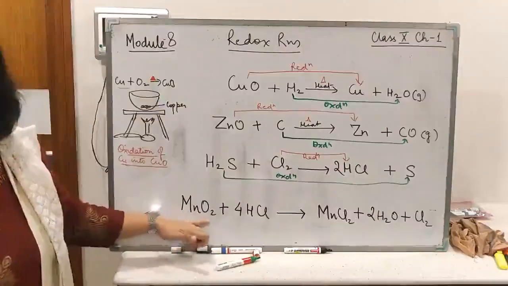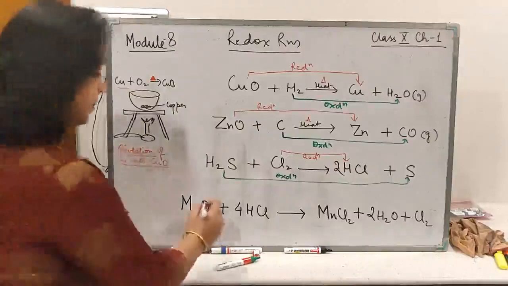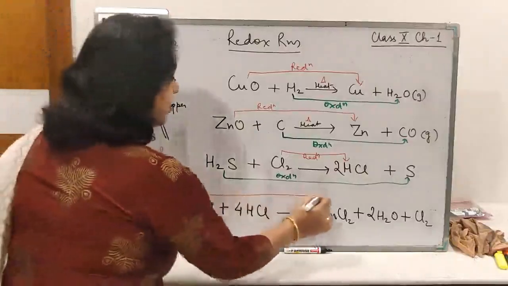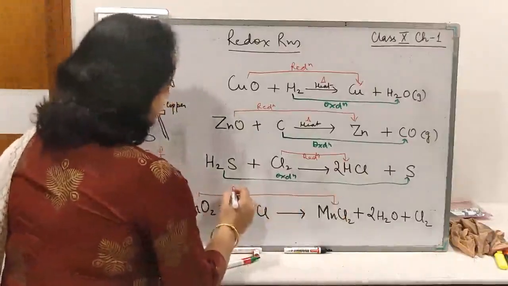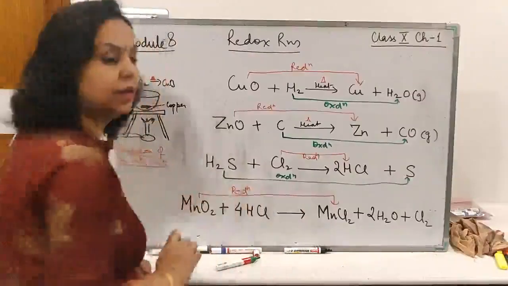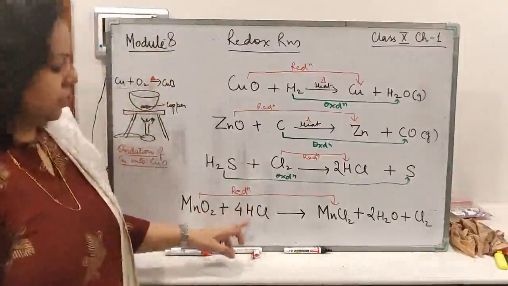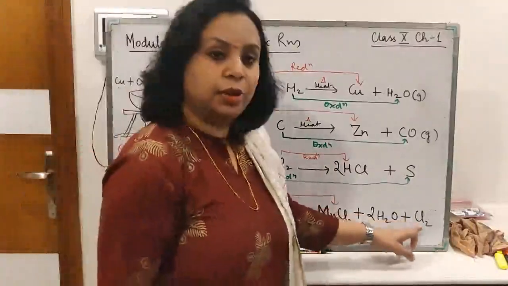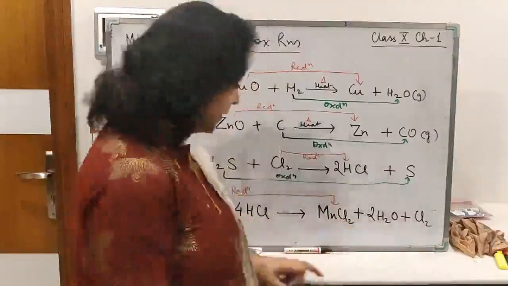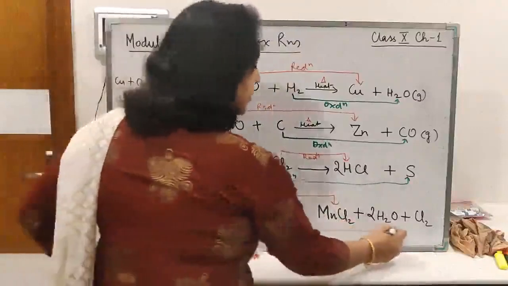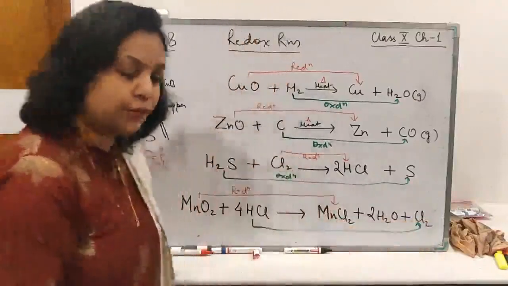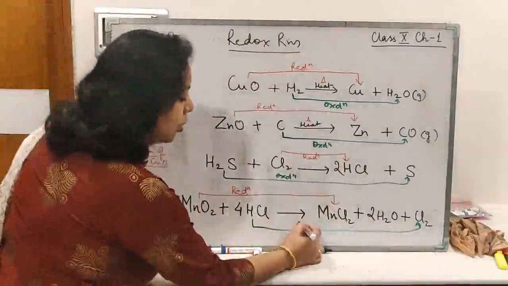What is happening? Oxygen is being removed. So, this is reduction. And over here, HCl is getting converted into chlorine gas, which means hydrogen is being removed, hence oxidation.